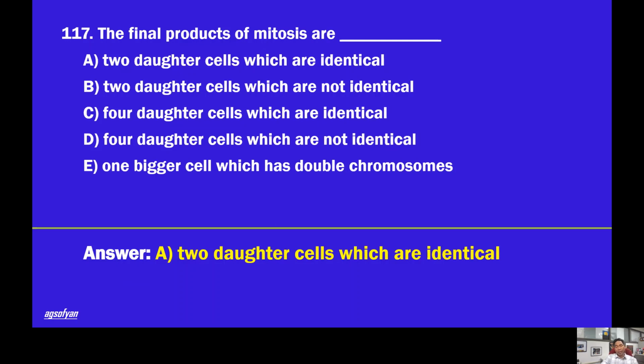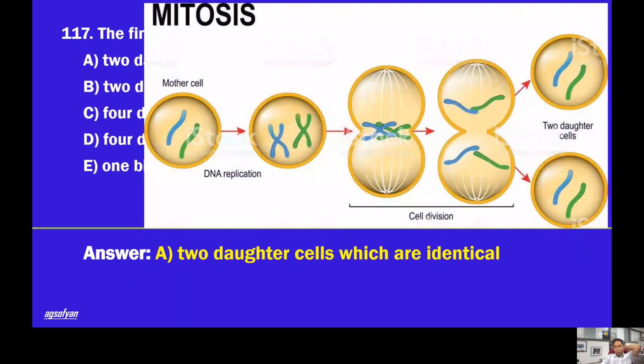So A is the answer. If you see this, the parent cell or mother cell has 2 chromosomes. When it is divided, at the end the final product will be 2 daughter cells that carry the same number of chromosomes as the mother cell. So these are identical.